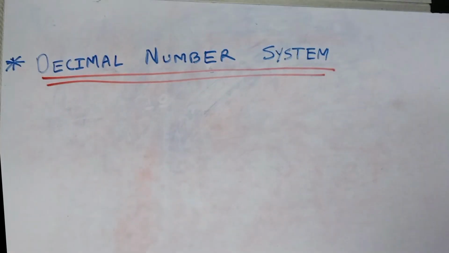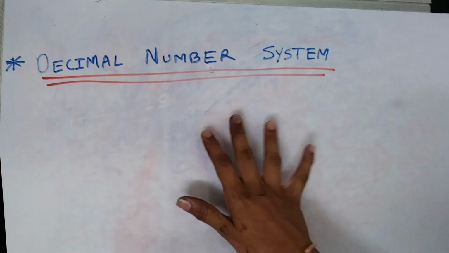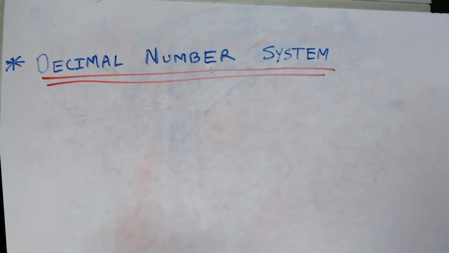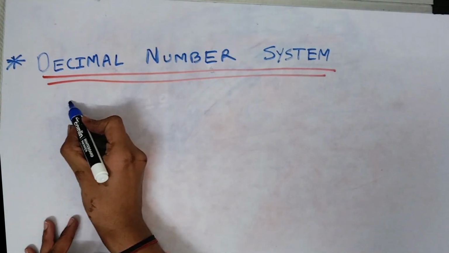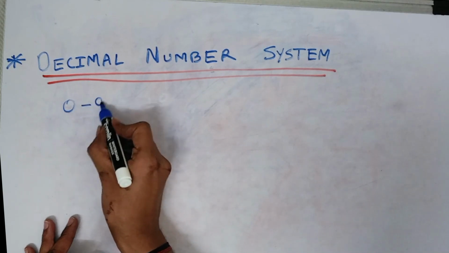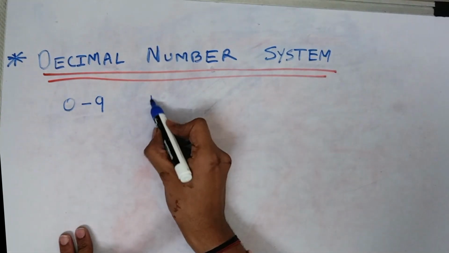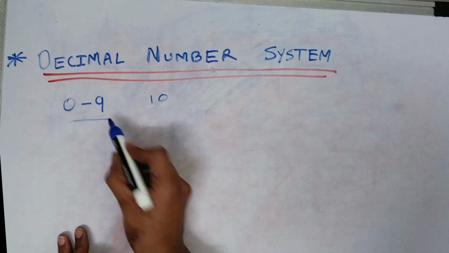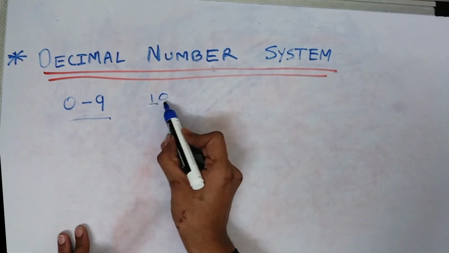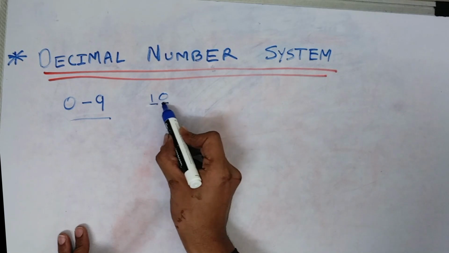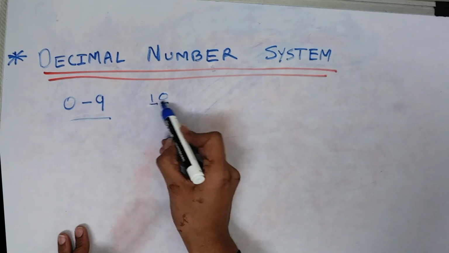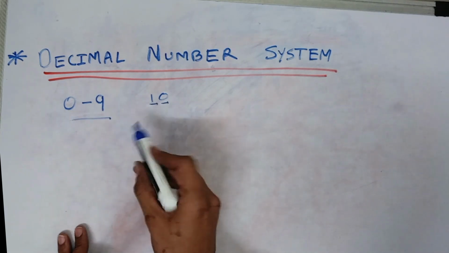Now let us learn about the decimal number system. Now what is the decimal number system? A decimal number system consists of numbers from 0 to 9. Now there's a catch here: 10 is not included in this 0 to 9, because we can represent 10 as a combination of these decimal numbers, since 1 and 0 are both included within 0 to 9.